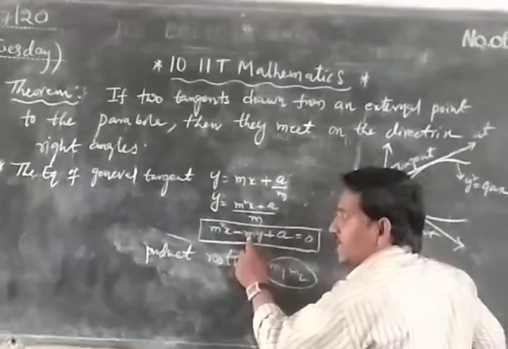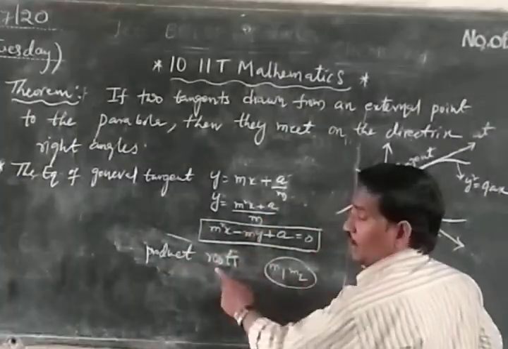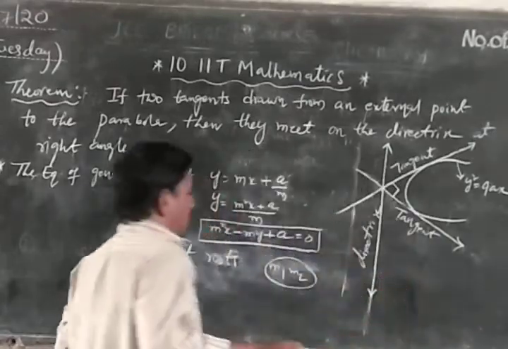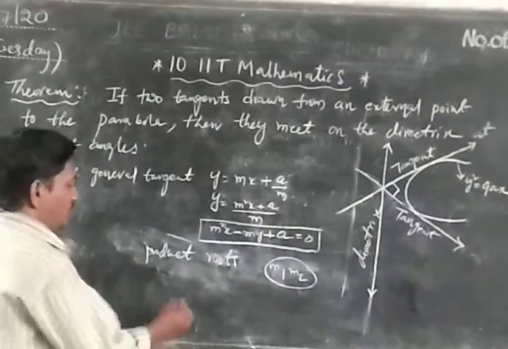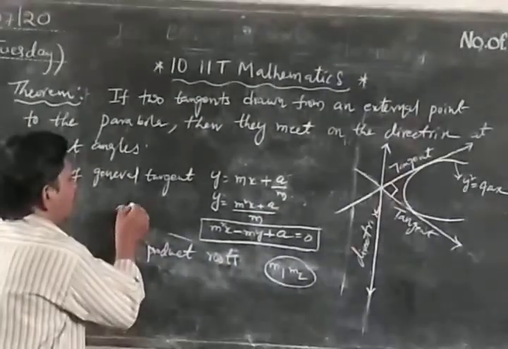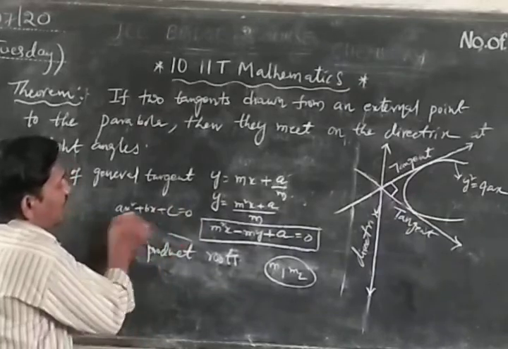This is a quadratic equation in m, so the roots are m1, m2. We know that in the quadratic equation ax square plus bx plus c equal to 0, what is the product of the roots?